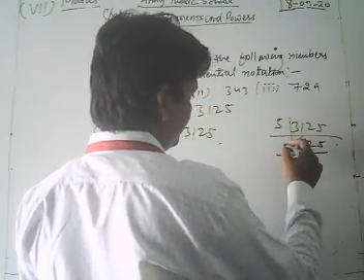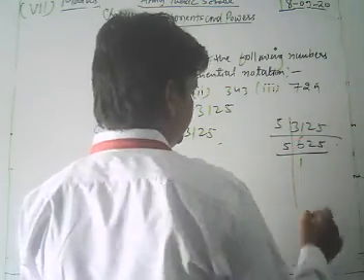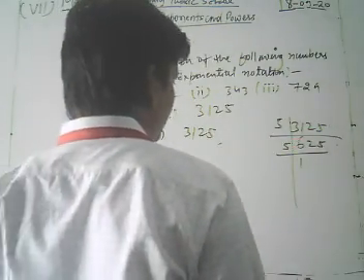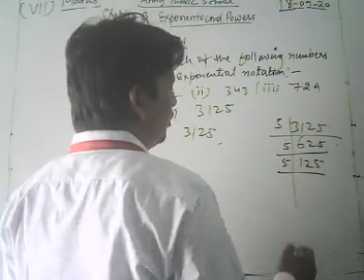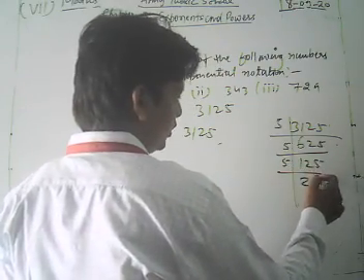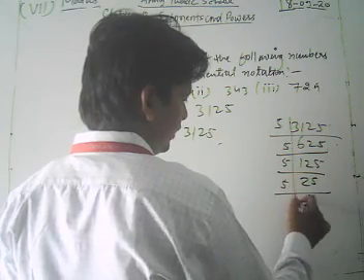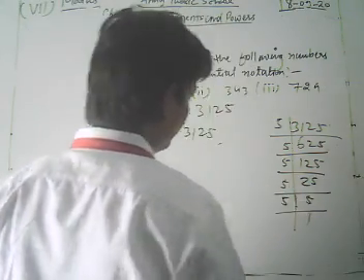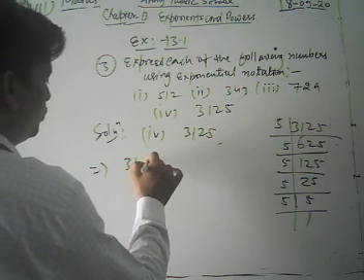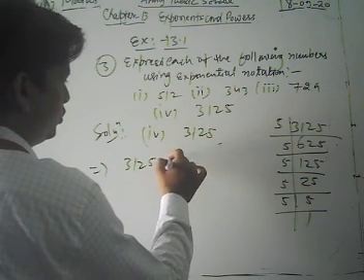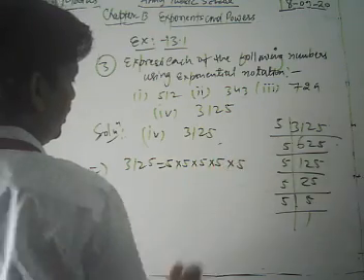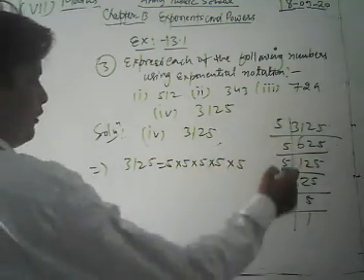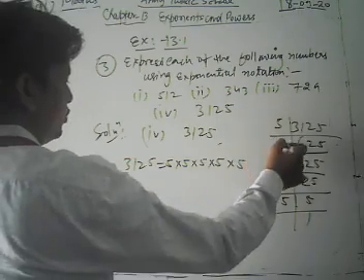Again by 5, 5 5s are 25. Again by 5, we get 1. Now we write the expression 3125 is equal to 5 into 5 into 5 into 5 into 5. 5 is mentioned 5 times: 1, 2, 3, 4, 5.